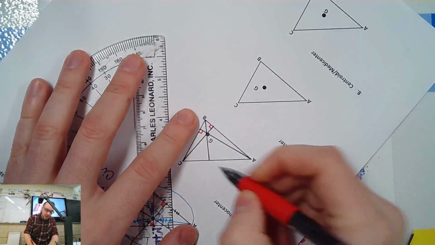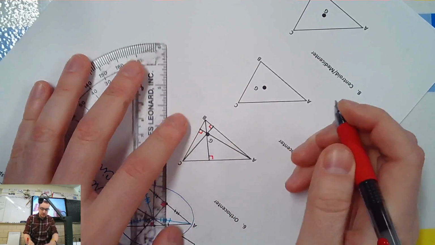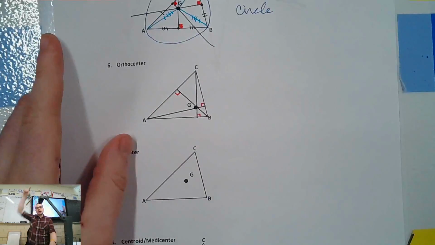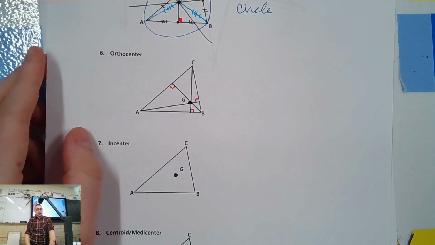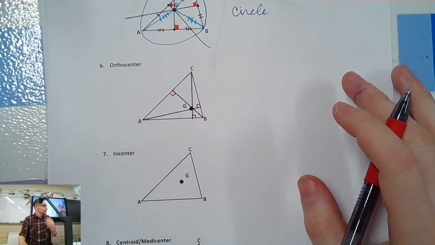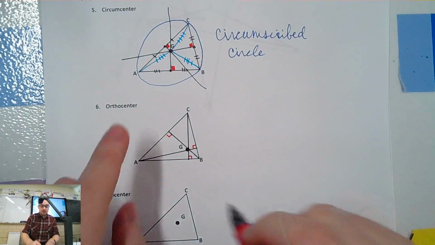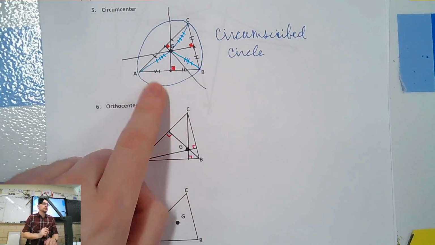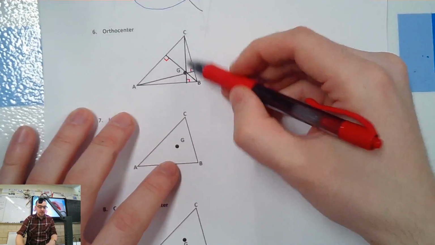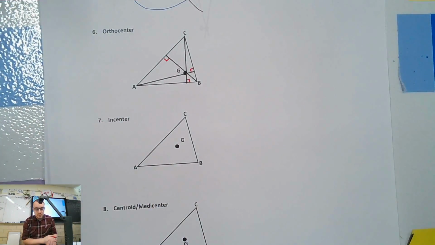Do not get a brain cramp tomorrow confusing orthogonals with perpendicular bisectors. Orthogonals go from the top to the bottom because of the height, right? And the height of the triangle is always at 90 degrees. For a circumcenter, you have perpendicular bisectors, so you have to bisect it and then go perpendicular from there. You're going from the midpoint here. This one you're going from the vertex, right? So those are the orthogonals.